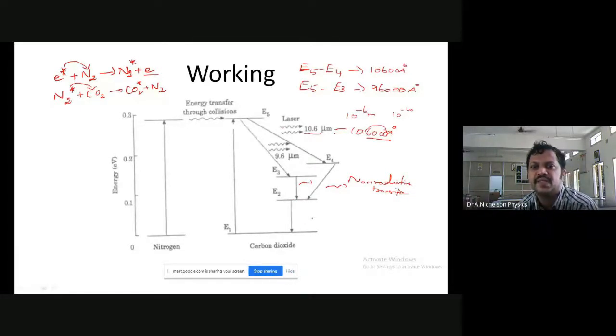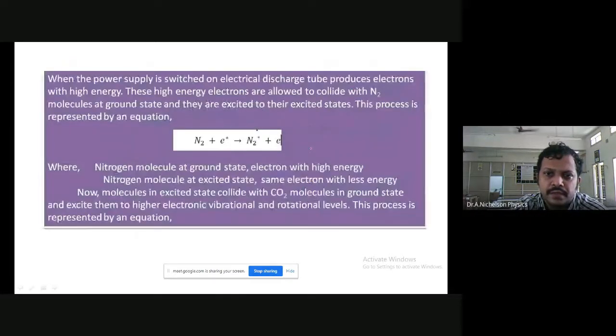This excitation and de-excitation process will continue as long as you provide the power supply. Okay. So the laser beam output is 10.6 micrometer and 9.6 micrometer, which we have seen in the first slide. So this is the reaction.